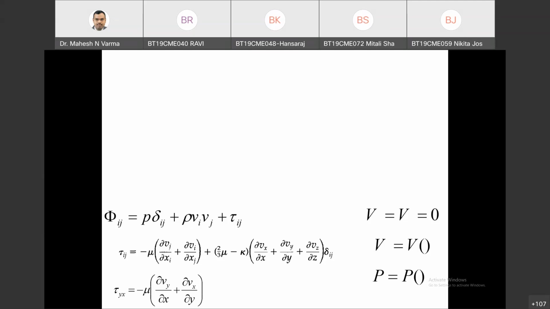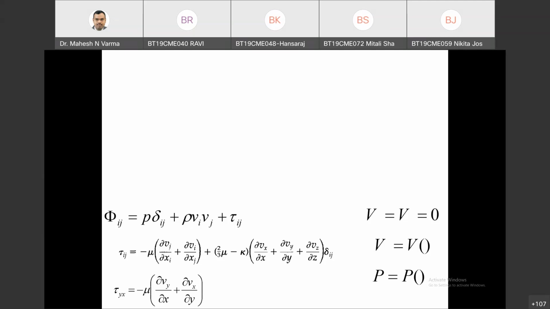What are the three directions in the cylindrical coordinate system, Mitali? Sir, theta, r and z. Okay, r, theta, z are the three directions.